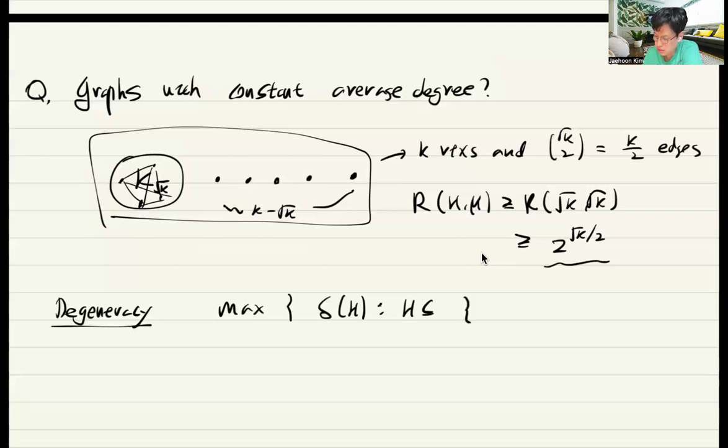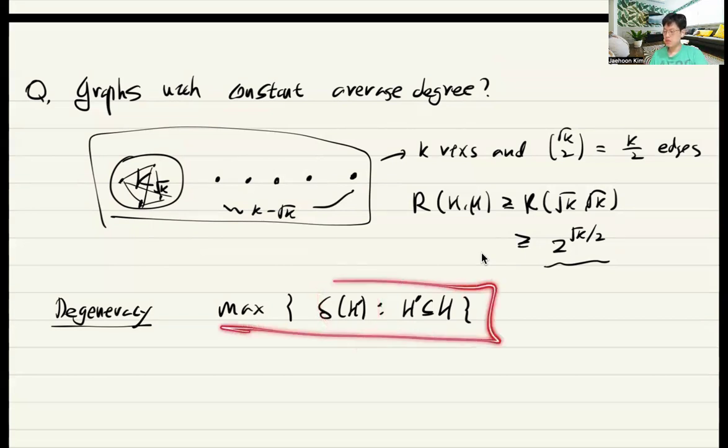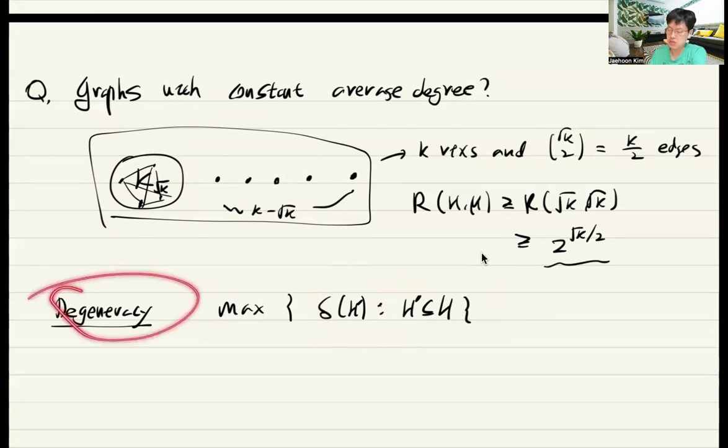Let's write it as H prime subgraph. This kind of suggests that degeneracy is the right concept to deal with the graph Ramsey number from this example.